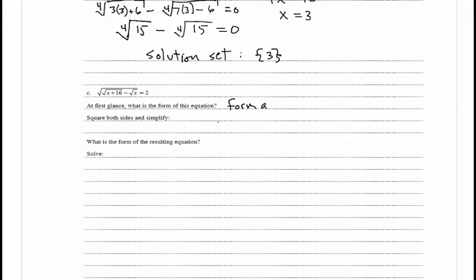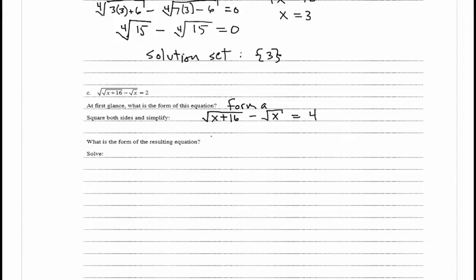And if we square both sides, we get the square root of x plus 16 minus the square root of x is equal to 2 squared, and 2 squared is equal to 4. And now it wants to know what is the form of the resulting equation.